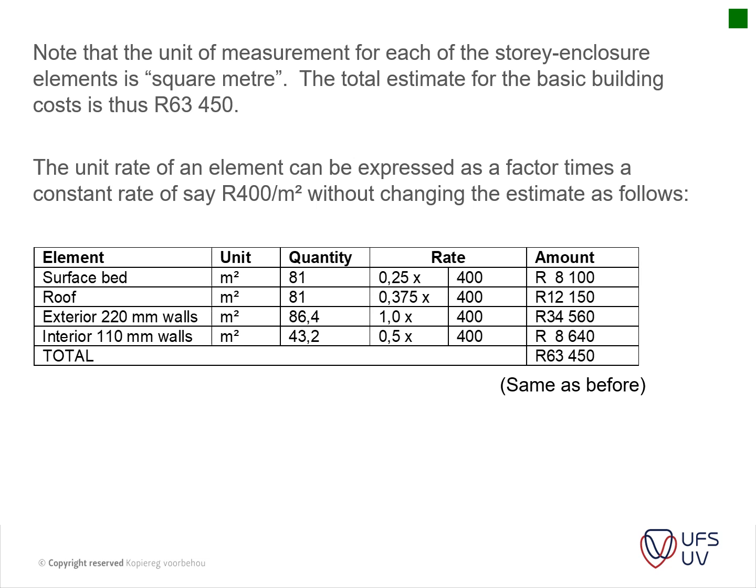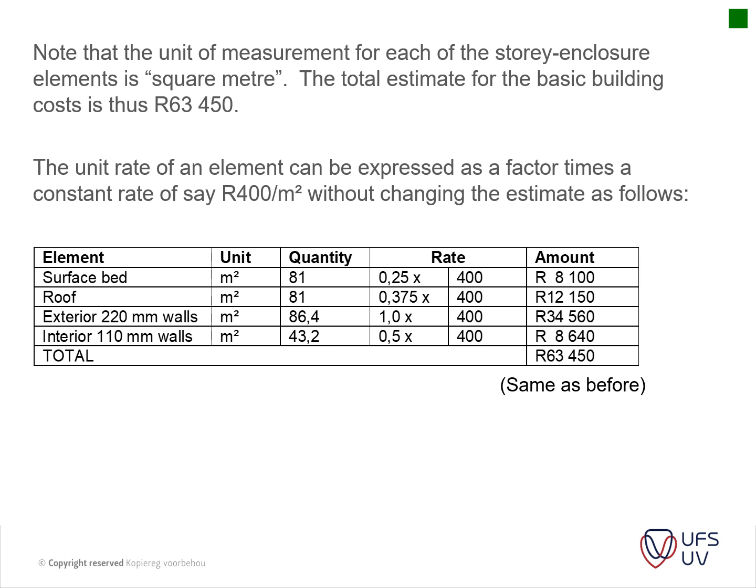So the first thing is you can refer to page 13 of part 2 of your study notes, just for a bit of an explanation of how they got to the 400 Rand and a factor of 1. But don't worry too much about that. That will be given usually in the questions.